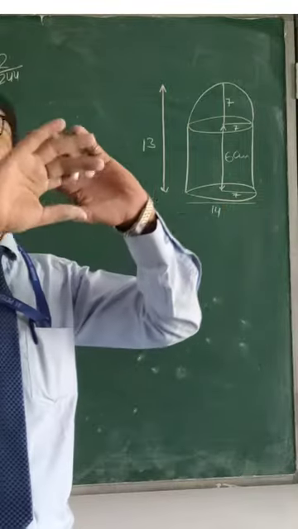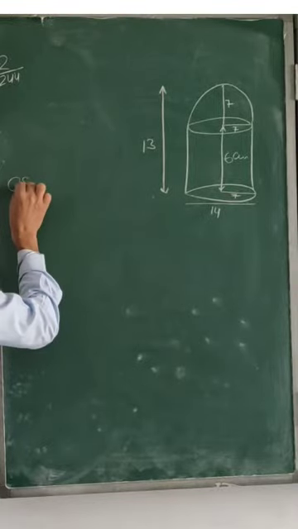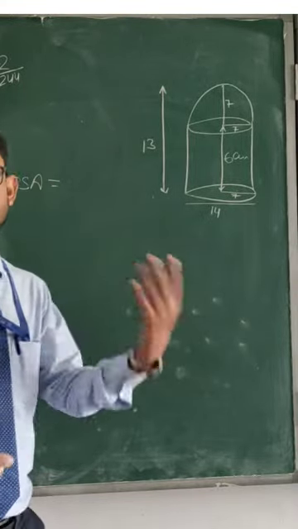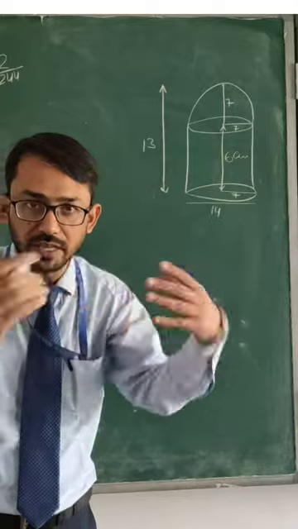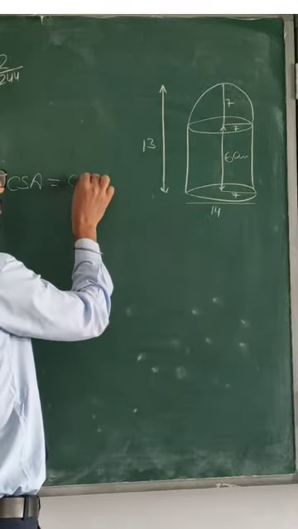Now we need to find the inner curved surface area. We could say total surface area because it is hollow and we are going to find everything. So the area is equal to the CSA of the cylinder plus the CSA of the hemisphere.